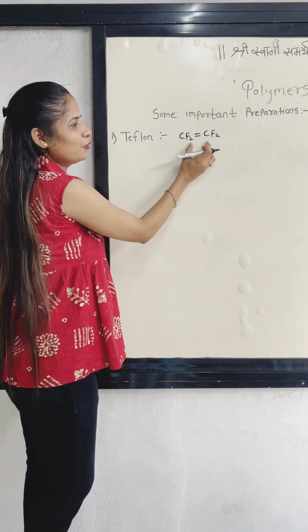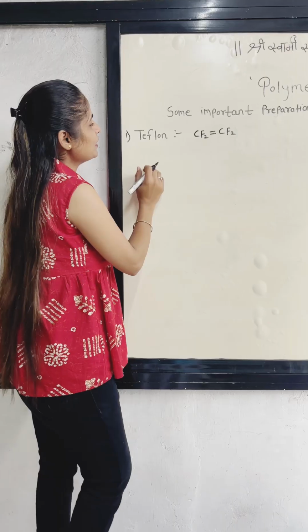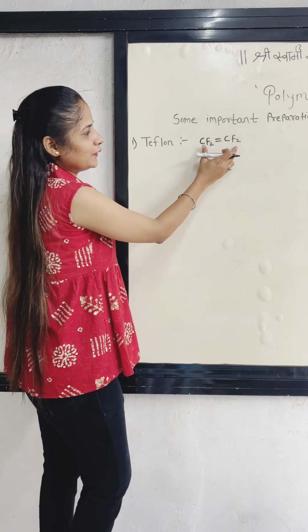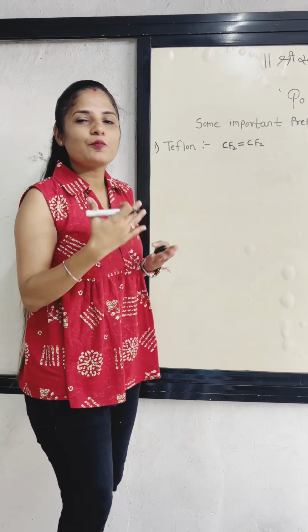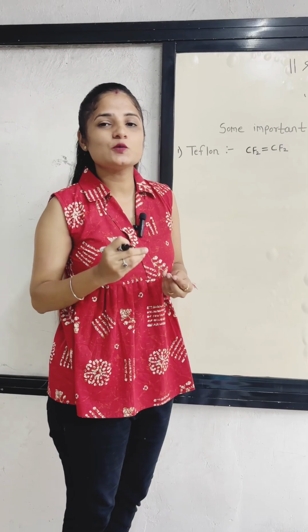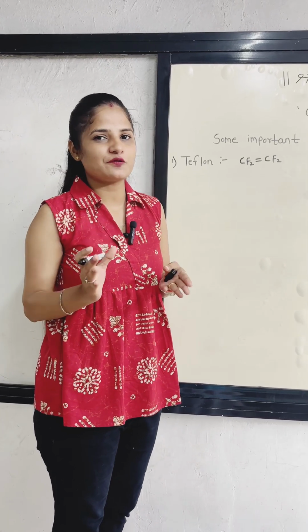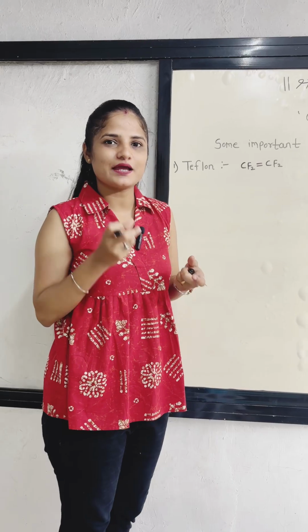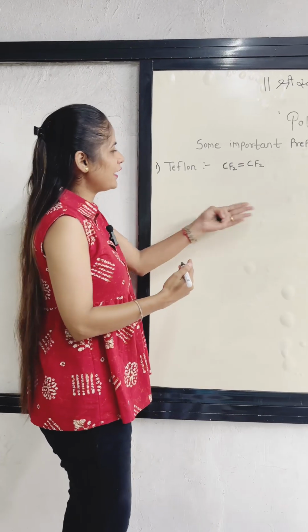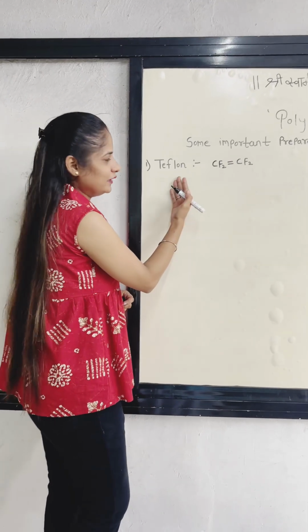Okay, tetrafluoroethylene molecule. So this tetrafluoroethylene molecule undergoes the polymerization reaction by using the free radical initiator, that is hydrogen peroxide, H2O2. Then we get the polymer of Teflon.